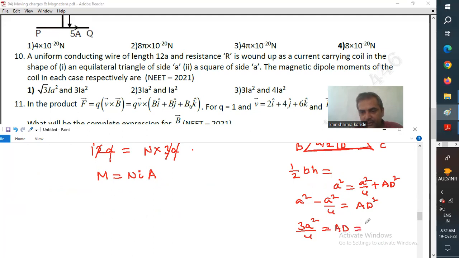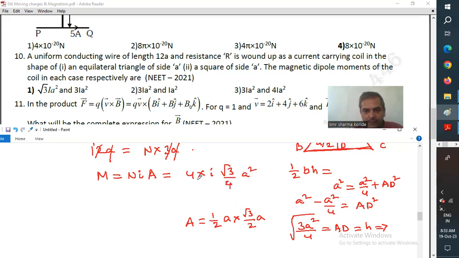AD is now H. So if you want to write AD, you take this under root. So therefore, area will be half into base, which is anyhow A only, height is root 3 by 2 A. So altogether, N is 4 turns, I is I only, area is root 3 by 4 A square. So 4 and 4 get cancelled. It is root 3 I A square.